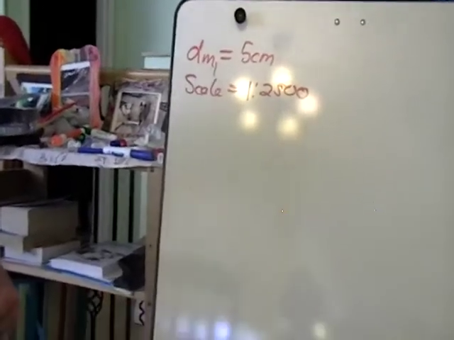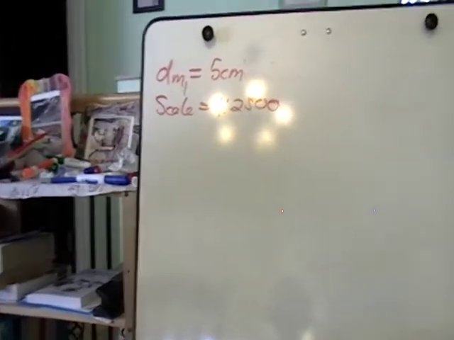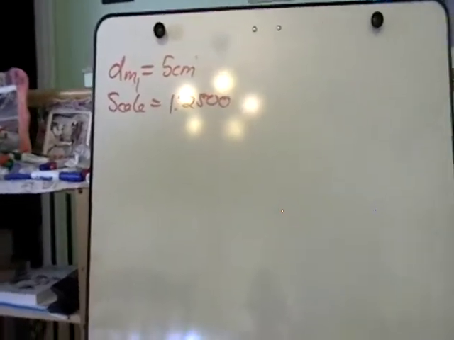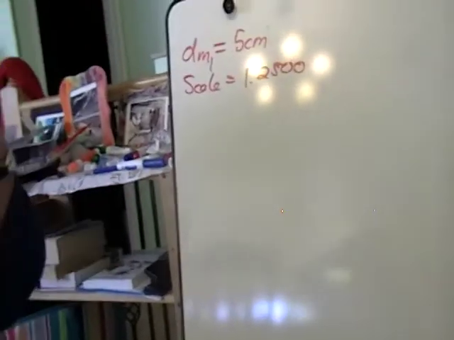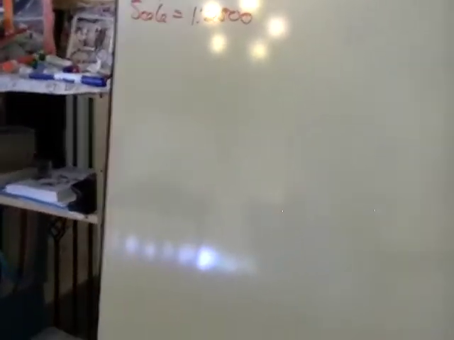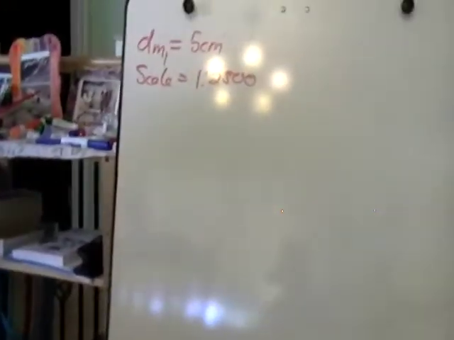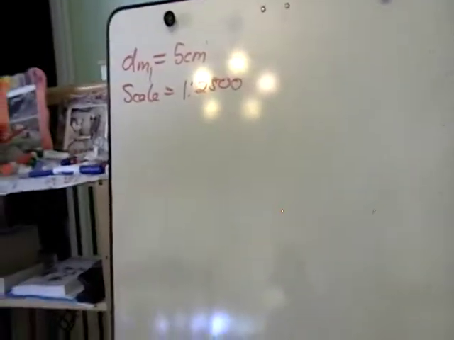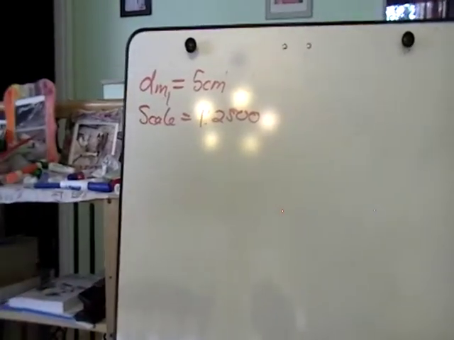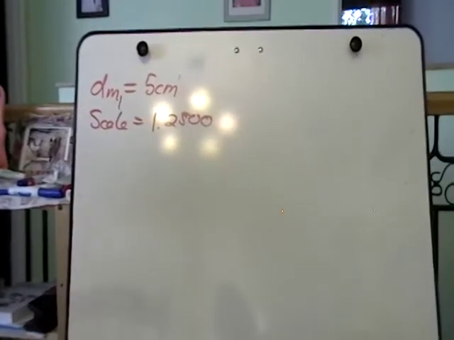A really good example is that you were looking at a picture of me on your screen, then you move to your phone and you're watching the same video on your phone. I promise I did not change size. I'm still the same size in real life, I'm just changing size on your screen. So it's the same thing with these maps: just because the measurements are different doesn't mean that the real size is different. So ground distance is always the same between the two.